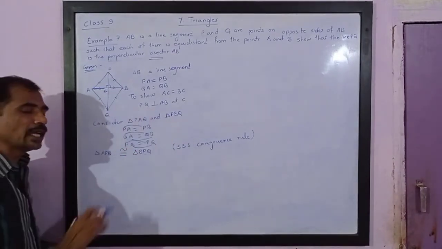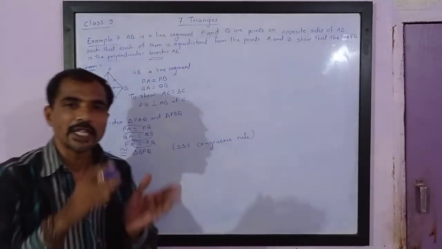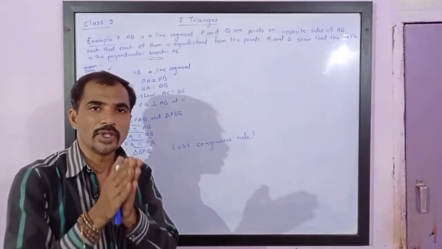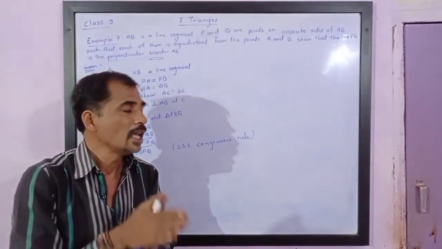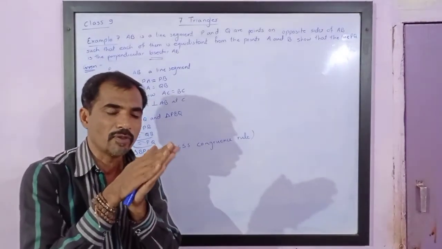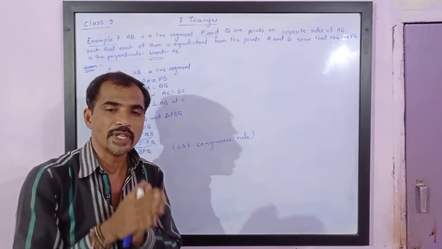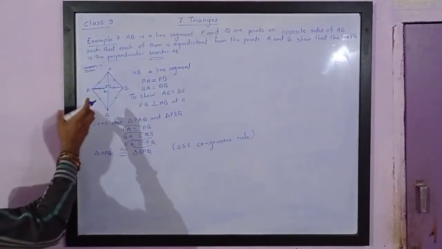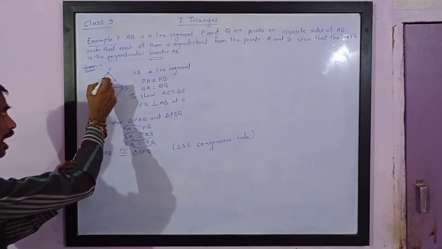If these two triangles are congruent, it means if we place them one above the other, all three sides of one triangle will coincide with all three sides of the other triangle, as well as three angles of one triangle will coincide with three angles of the other triangle. Now you can take any one of the angles. I am taking the upper angle.